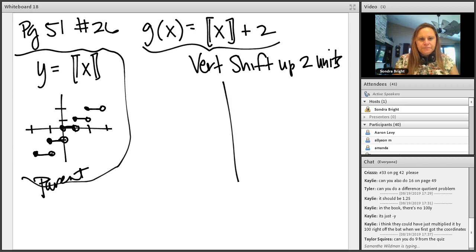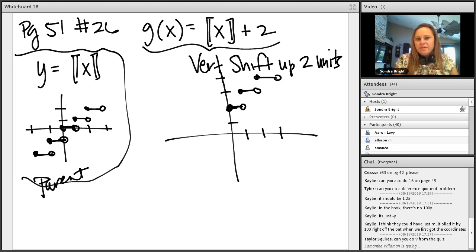And so now instead of it starting at the origin 0, 0, you are going to be here. Open, and then closed, open, and closed, open, and then you just keep on following that pattern.